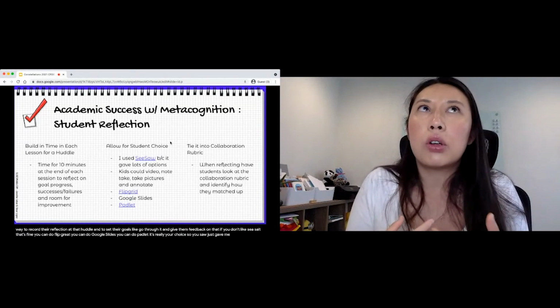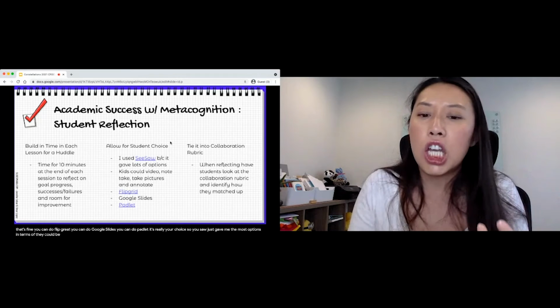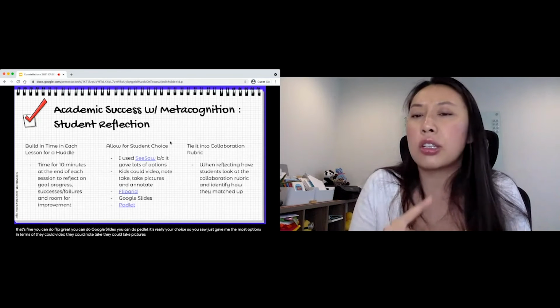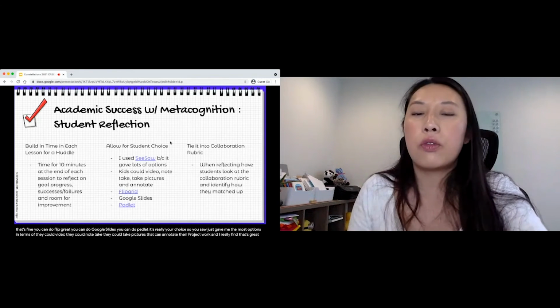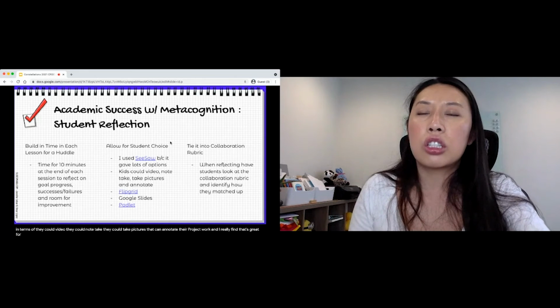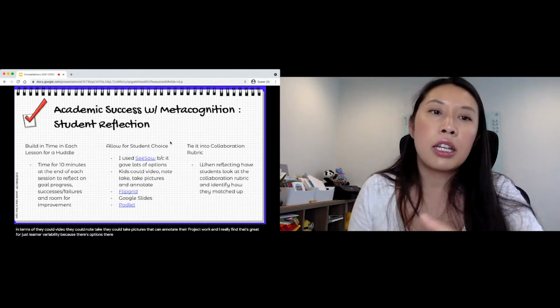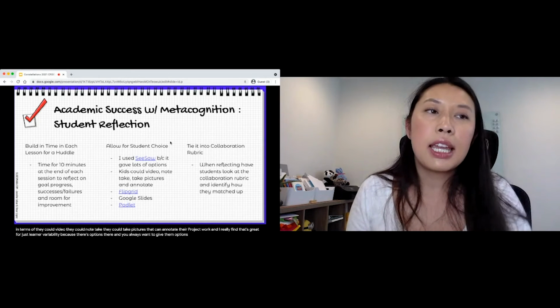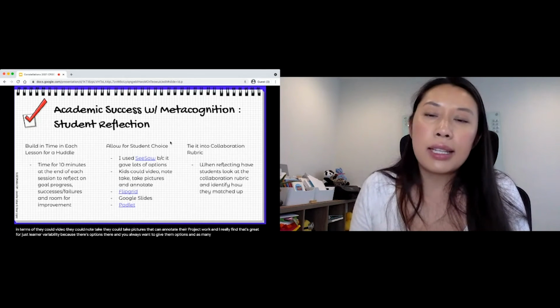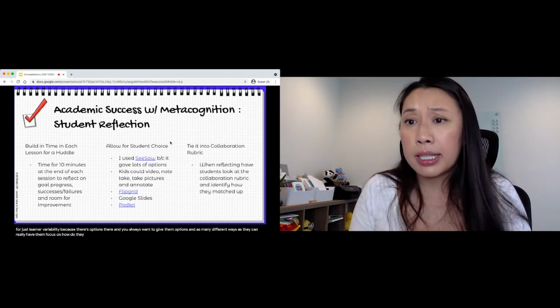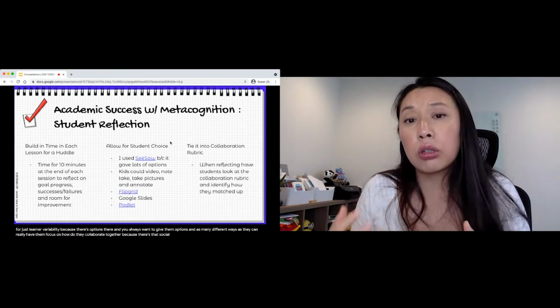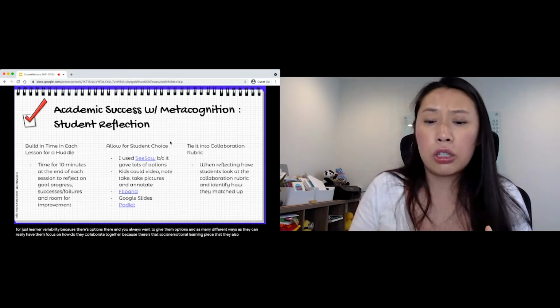Seesaw just gave me the most options, in terms of they could video, they could note take, they could take pictures, they could annotate their project work. I really find that's great for learner variability, because there are options there. You always want to give them options in as many different ways as they can to access the work. And again, really have them focus on how they collaborate together, because there's that social emotional learning piece that they also need to learn.